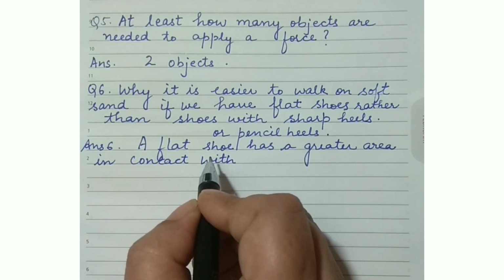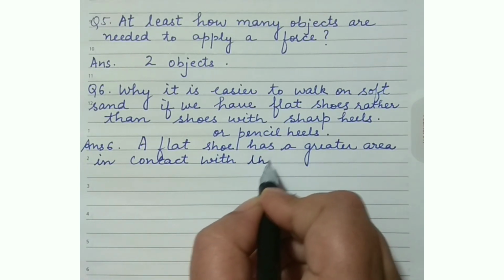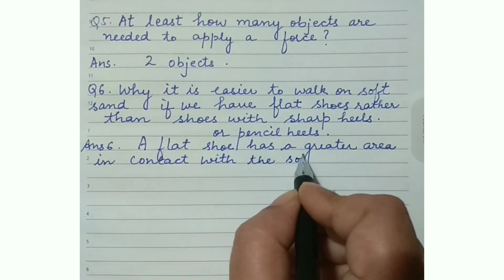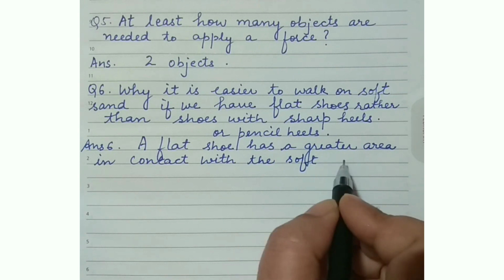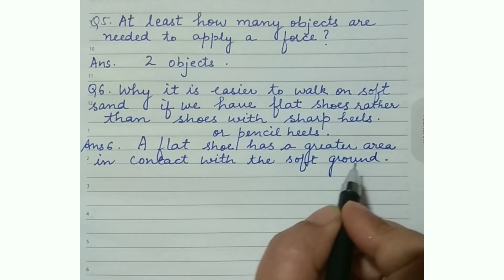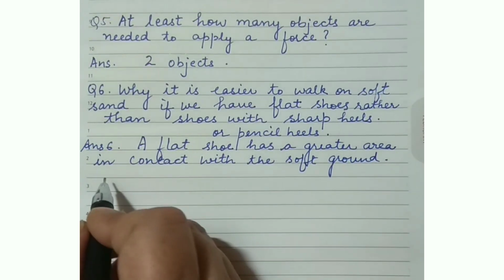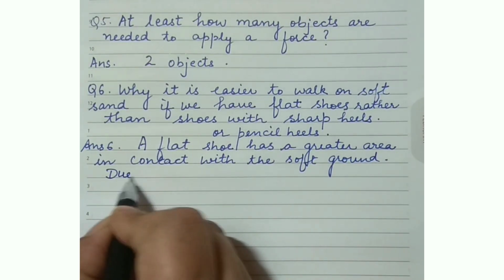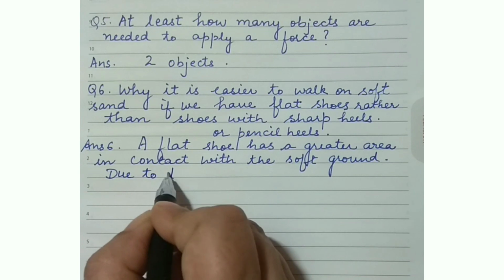Because what is pressure? Pressure is your force upon area. So if area is large in case of flat shoes, pressure is minimum. So you can walk on sand easily.